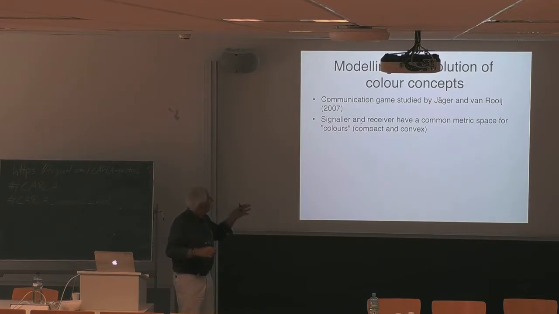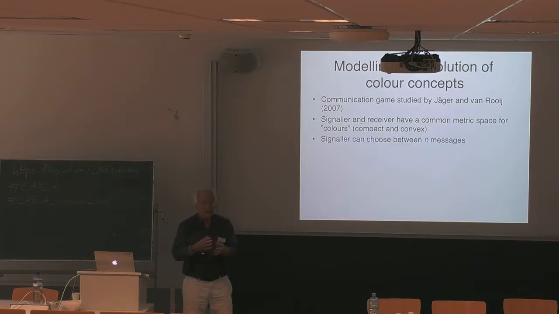In mathematical terms, it's compact and convex, doesn't matter. And the signaler has a finite number of messages. These messages are originally just tokens. You can choose between A and B, or between A, B and C, or between A, B, C and D. You have a small number of messages. And at the beginning, the receiver knows nothing about the meaning of A or B or C. So it's totally unknown what the messages are.